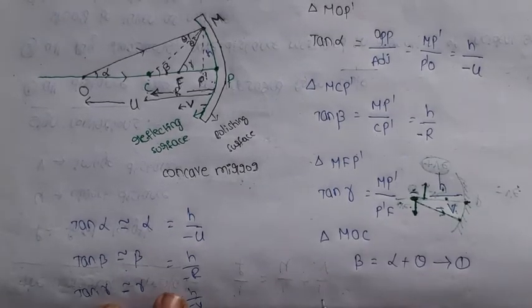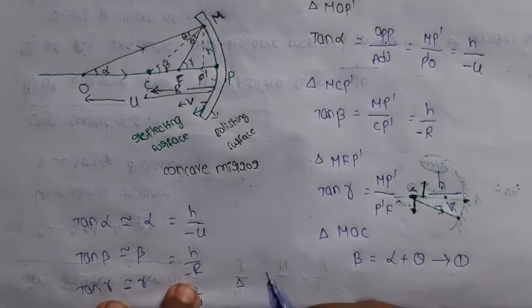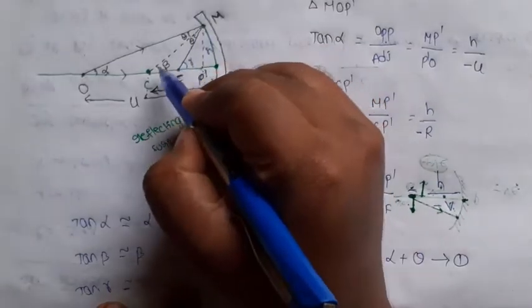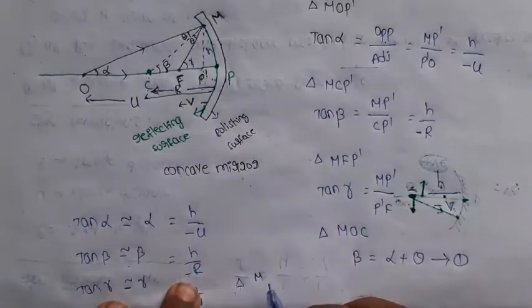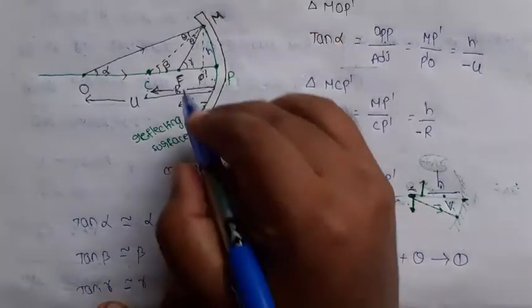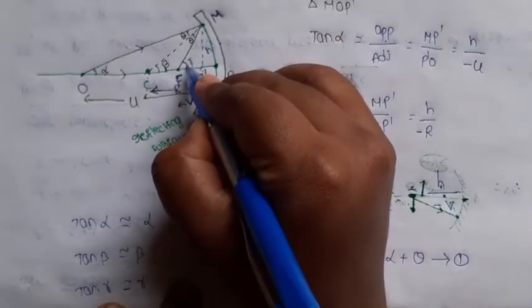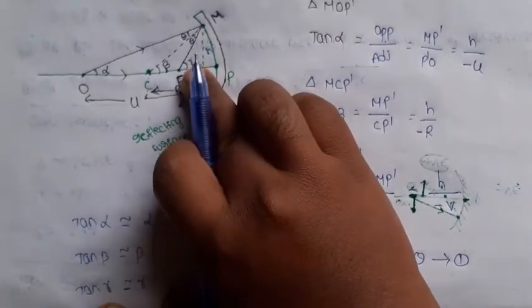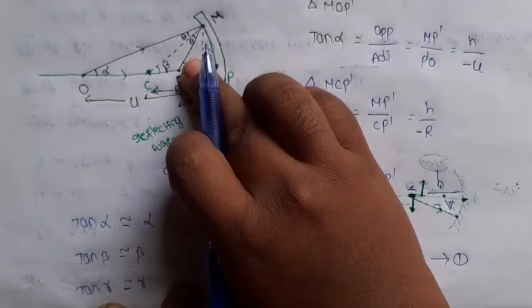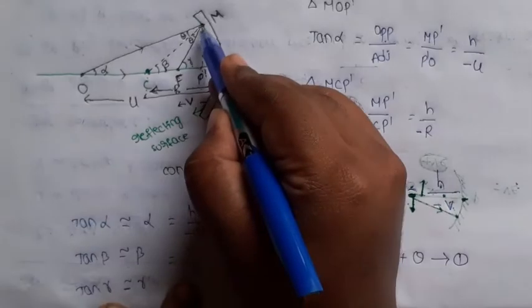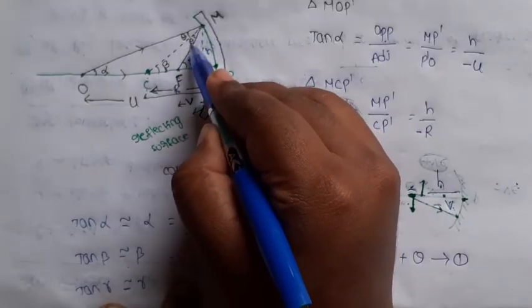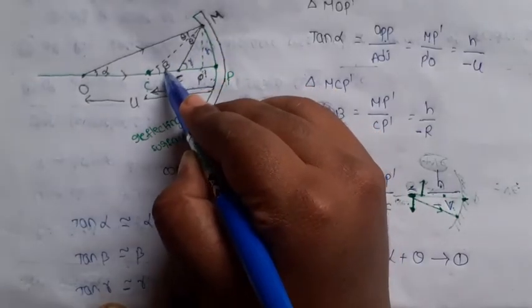Next I am taking the triangle MCF. This is our triangle. Here the exterior angle is gamma. This is the exterior angle of triangle MCF. What are the interior angles of the triangle? Theta and beta.